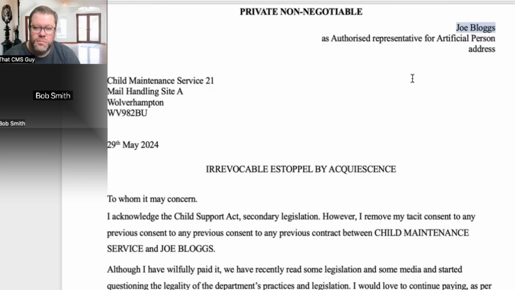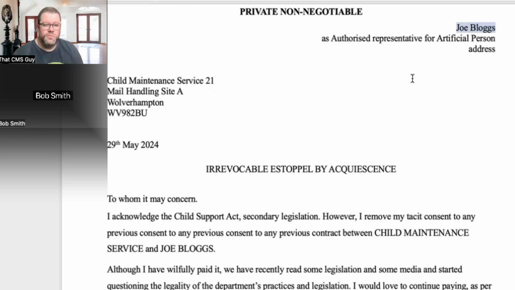And again, you can have a look at the CMS legislation. There's legislation in there to say, if you say no, we're going to spank you. We're going to lock you up. We're going to take away your house, your car, your passport, whatever. And you'll have noticed over time, these have become increasingly draconian measures.